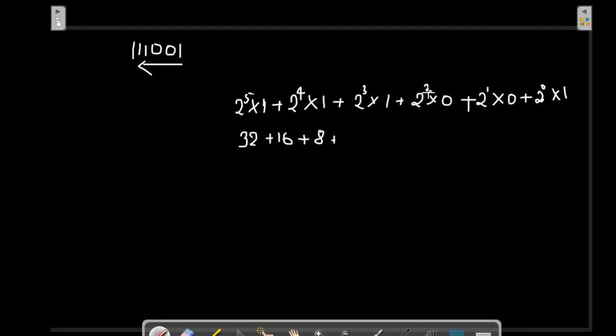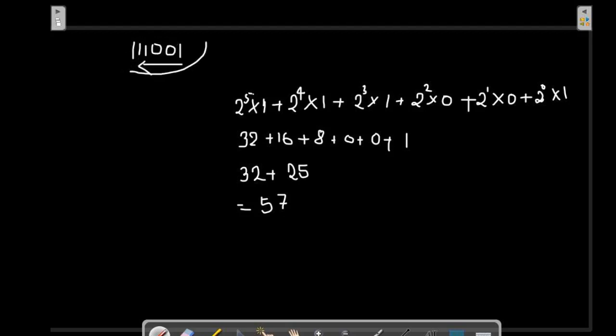plus 2 to the power 2 is 4, times 0 equals 0, plus 2 to the power 1 is 2, times 0 equals 0, plus 2 to the power 0 is just 1. So we can add all these and we will get 32 plus 25 equals 57.